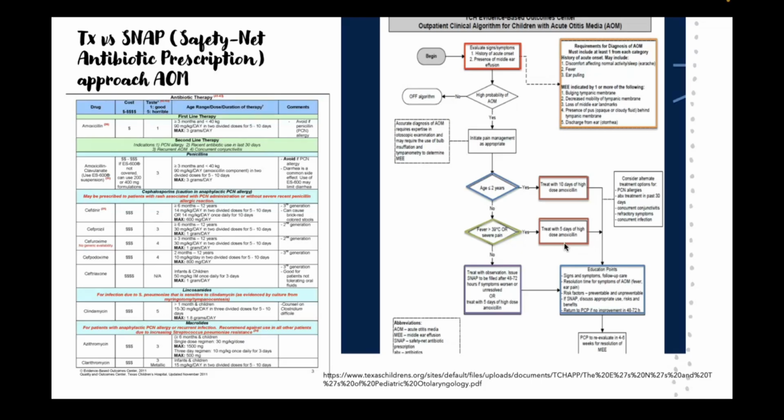And if it's still not better within 48 to 72 hours, or if it worsens or is unresolved, treat with antibiotics. Sometimes we give the parent a prescription for the antibiotic and tell them to fill it if the symptoms do not improve in the next 48 to 72 hours. We call that SNAP, the safety net antibiotic prescription. And on the left side here, I've provided you a chart of the different antibiotics that we can use.